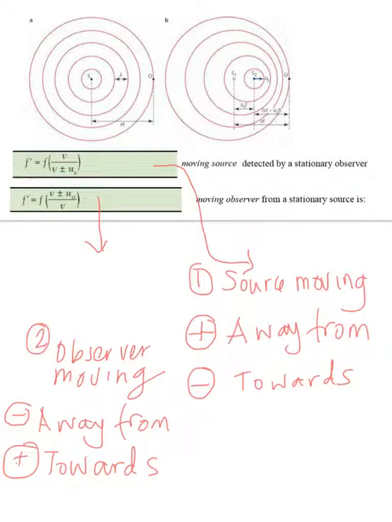And in this relationship, it's the opposite: when the observer is moving away from the source, and when the observer is moving towards, we use the plus sign. The hardest thing about this section is simply remembering which formula to use when, and when it's plus and when it's minus. So spend a little bit of time learning this off by heart.